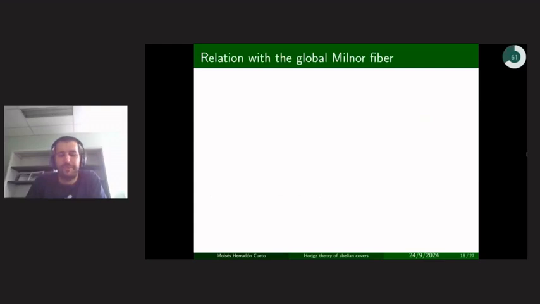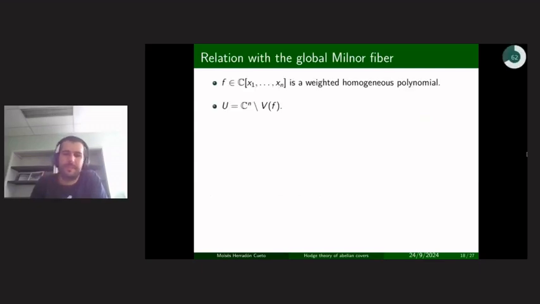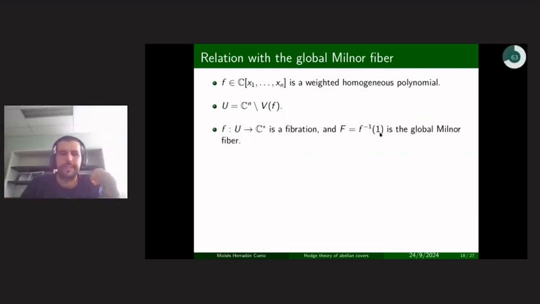I would like to say something more about this Hodge structure, which is a relation that it has with other things which are well known and well loved, which is the Milnor fiber in the case of a global fibration. So when you have a weighted homogeneous polynomial, all the fibers are the same, they are diffeomorphic, and any fiber you could say is the global Milnor fiber.